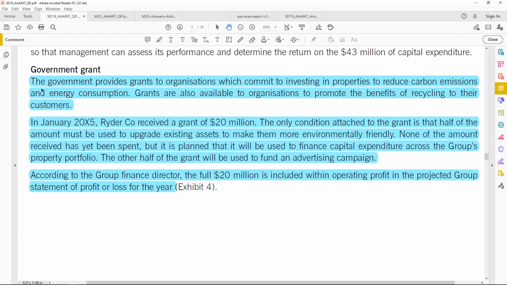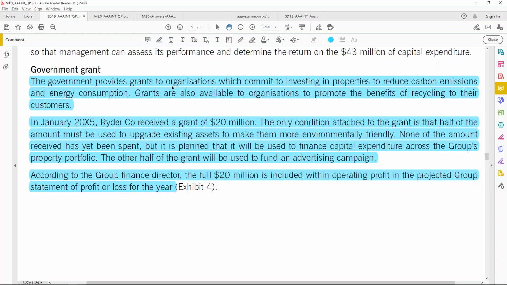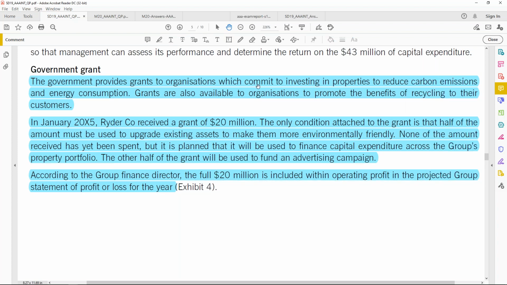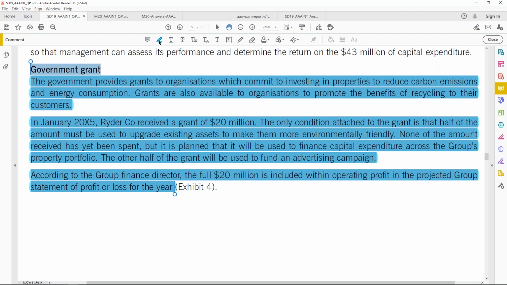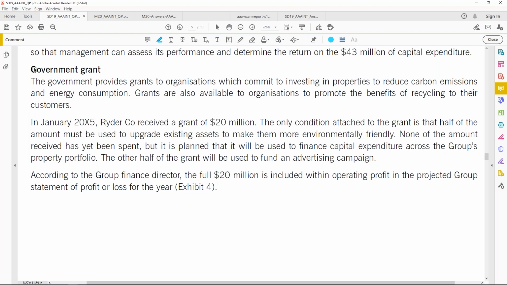So let me give you an idea. You start with government grant, right? Let me unhighlight this for a minute. You have the information here. Suppose this is a paragraph in the paper and you're reading it.